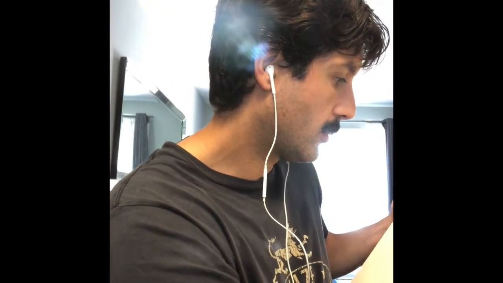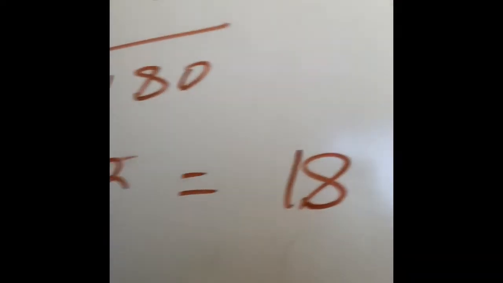Now divide by 180 on both sides: n minus 2 equals 18 when you divide by 180 degrees.